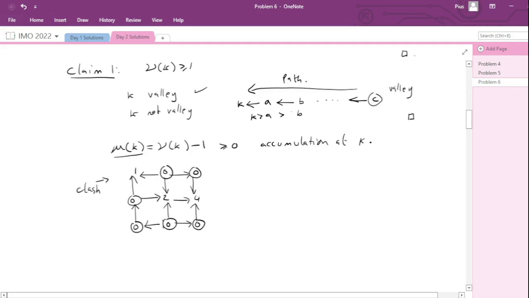There's a clash here because there are now two uphill adjacent cells leading up to 1, and each of them will produce at least one path. They'll carry over these accumulations, and together with the fact that we have a clash, we're going to get an extra 1.